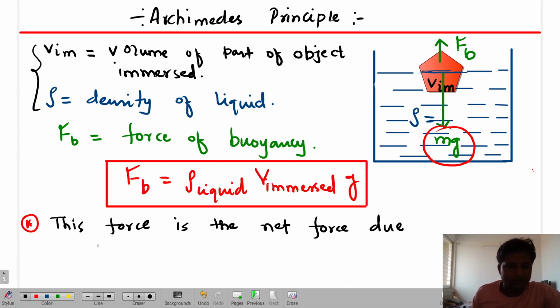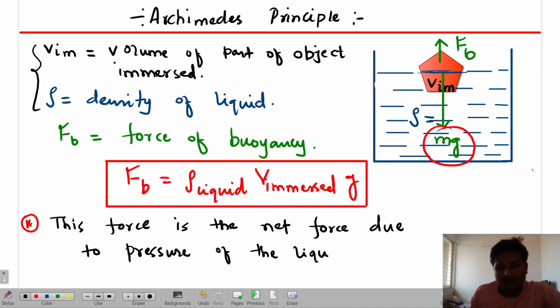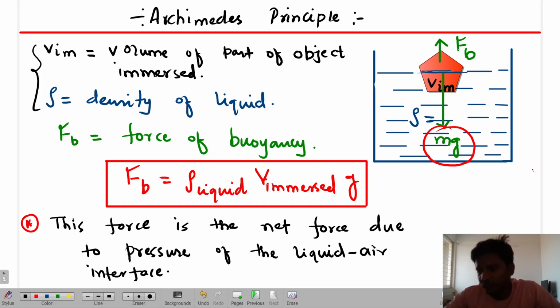This force is the net force due to pressure of the liquid, the liquid-air interface. Is that clear or not? It's not the force which is appearing due to a particular concept of mg.